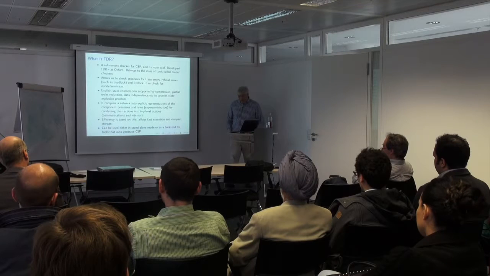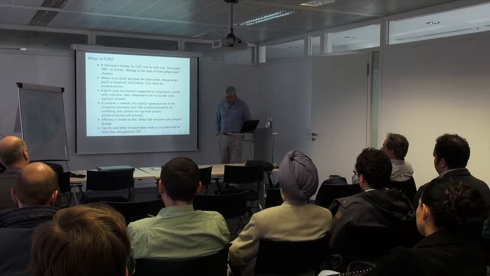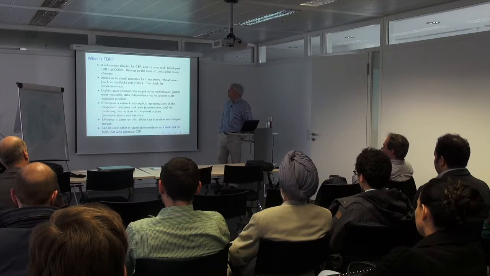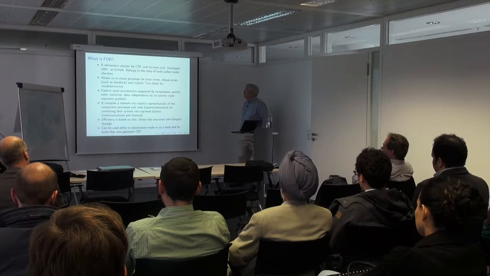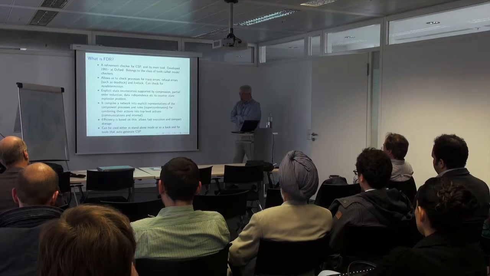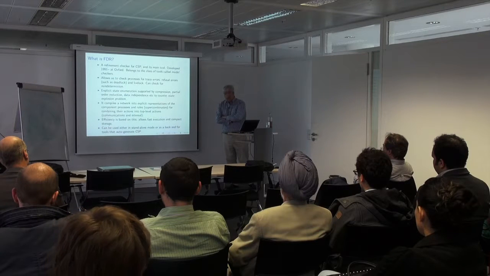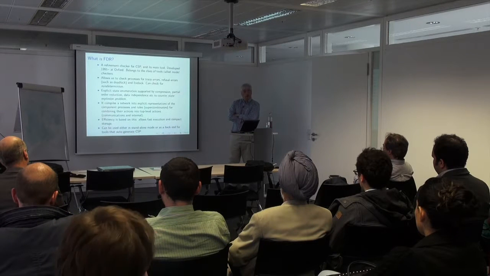FDR, which stands for Failures, Divergences, Refinement, Failures-Divergences being one of the most important mathematical models of the sort I talked about a minute ago, is a tool which we first developed for an industrial application back in 1991. That particular industrial application was reasoning about the communications hardware on a microprocessor.